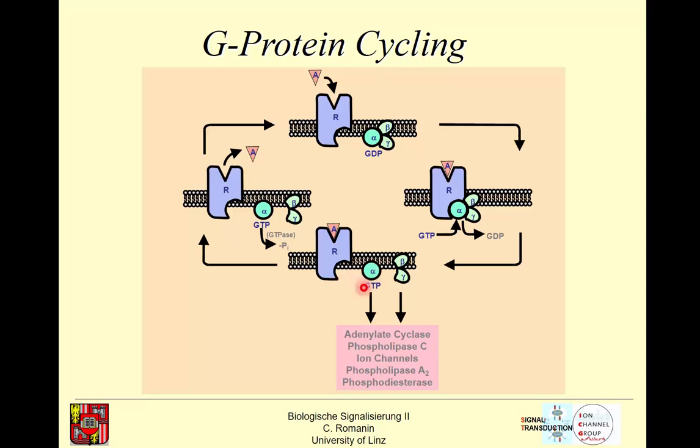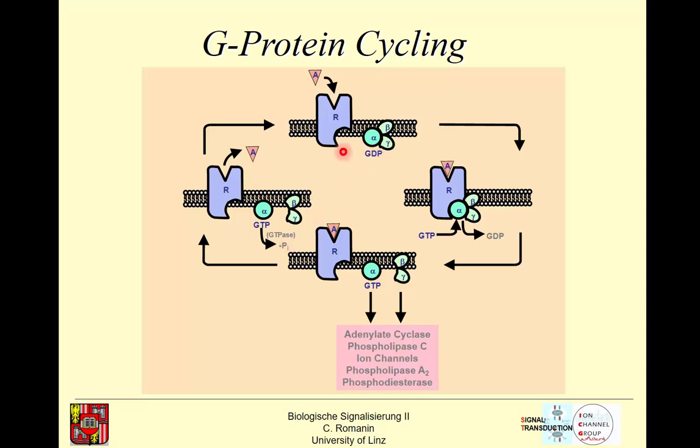After some time, these alpha subunits, when they interact with the effector systems, have an inherent GTPase activity going on. And with this GTPase activity, after some time, GTP is hydrolyzed. So a phosphate is clipped off. And what's remaining finally, because a phosphate is clipped off, is again a GDP.